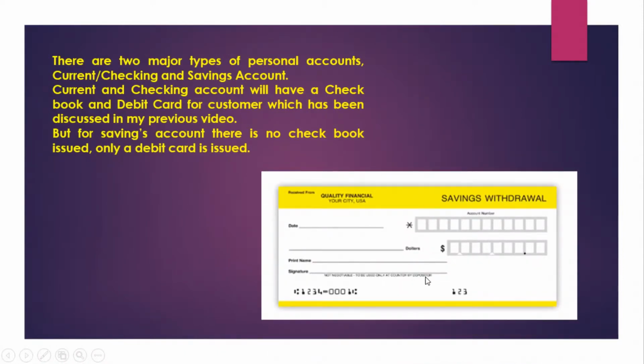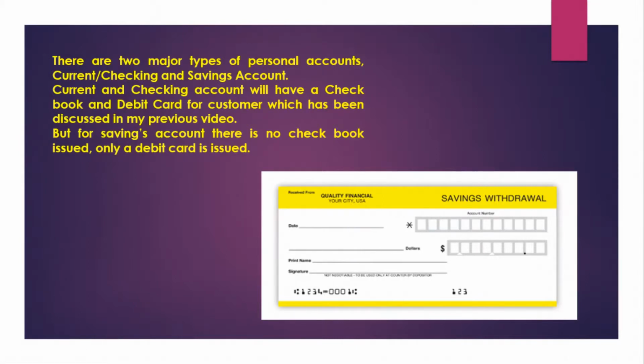See here, this is a format of a savings withdrawal slip. It is pre-printed and is placed in the bank. It will have the bank name and the address and saving withdrawal slip written on it. It will have the date.